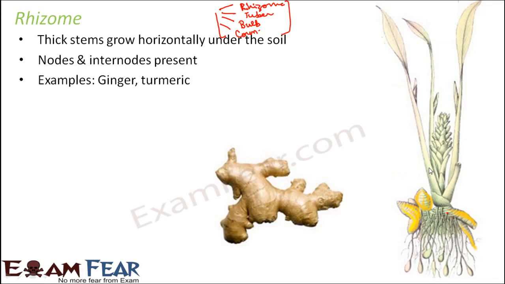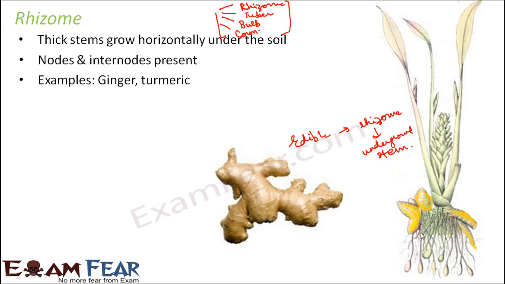Actually it is the rhizome or the underground stem of a ginger which is edible. So please remember, it is not the root but the stem which is actually edible.